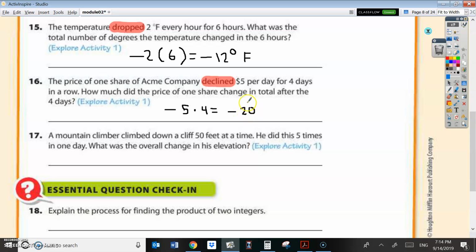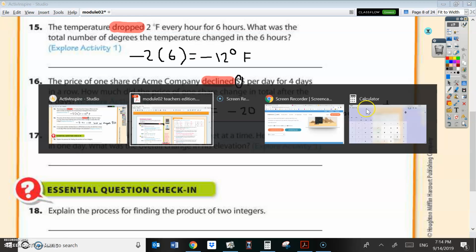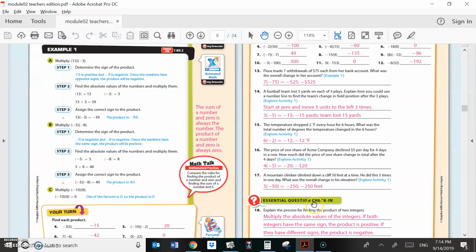But remember, it's money, so let's put that in there. Lost or dropped $20. And check that math. Looks good.